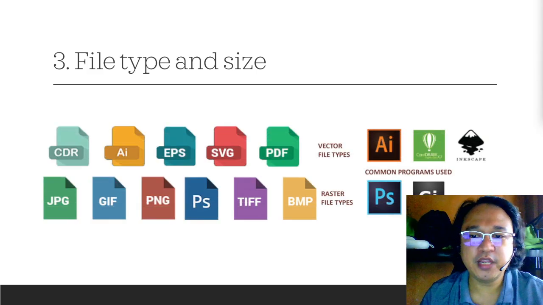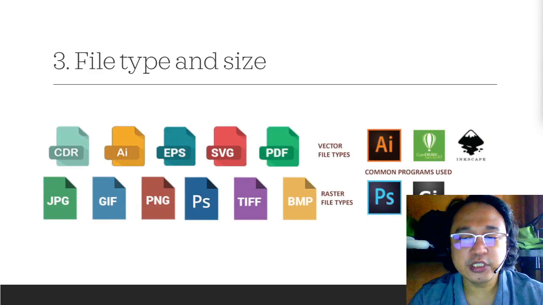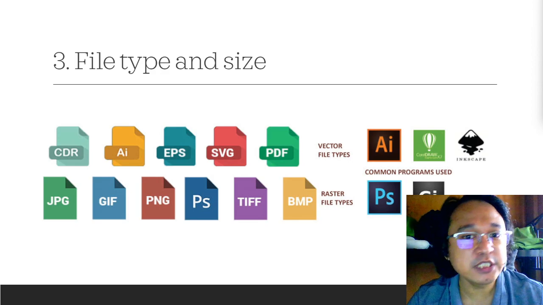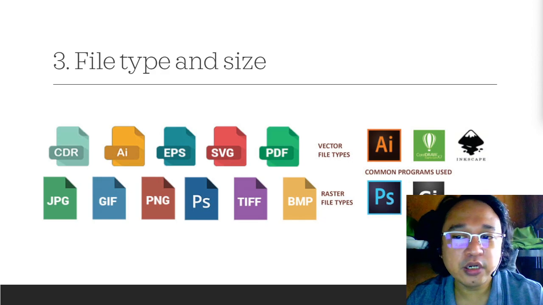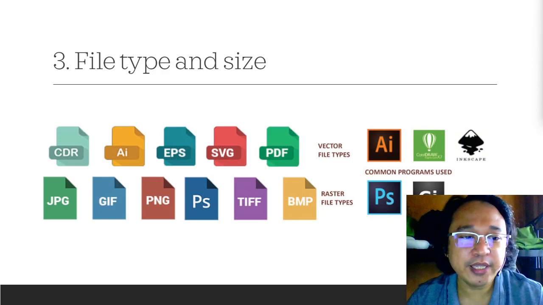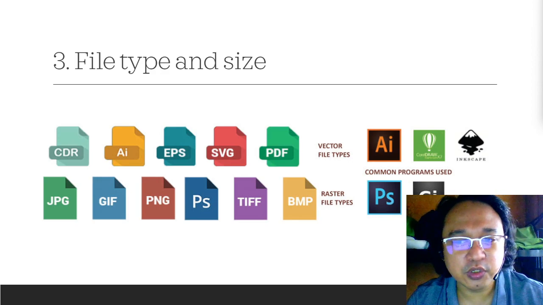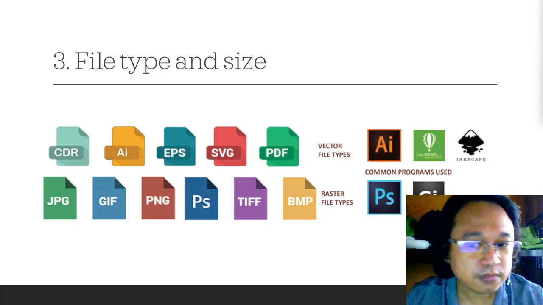Next naman is we have our file type and sizes, no? In every software that we are currently using, we have a specific file type and file size. So although Adobe Illustrator or CorelDRAW or Inkscape actually open the JPEG, GIF, PNG, and Photoshop document, it's all convertible into their software.